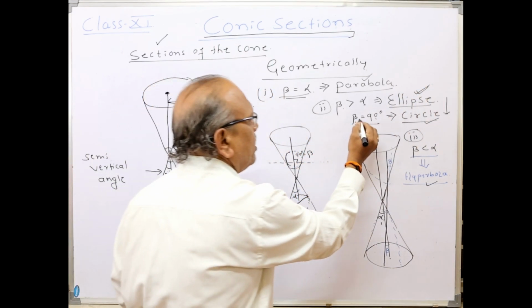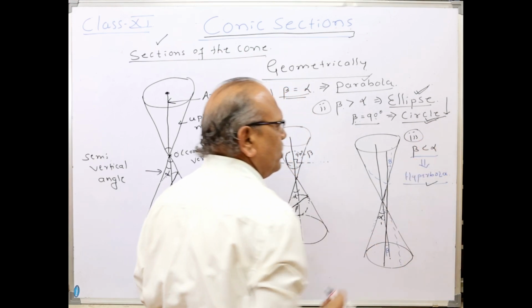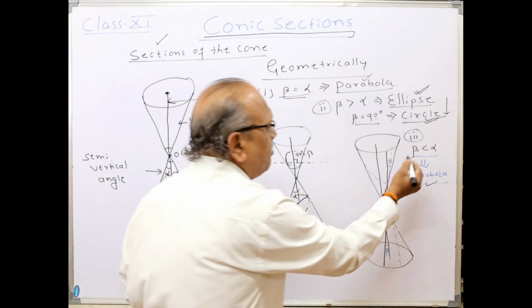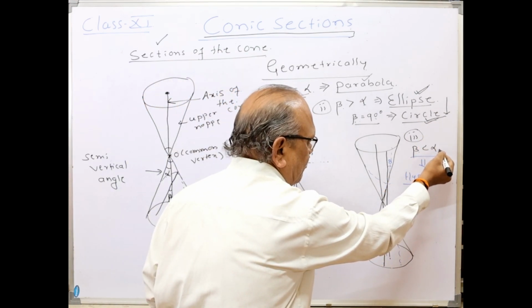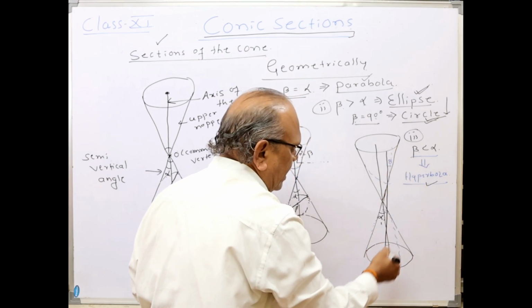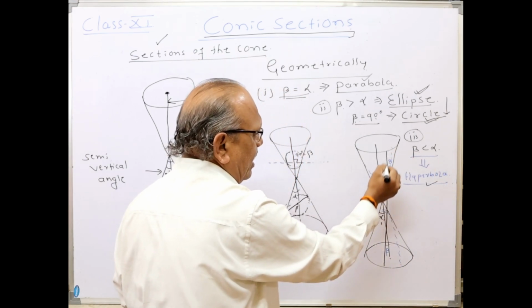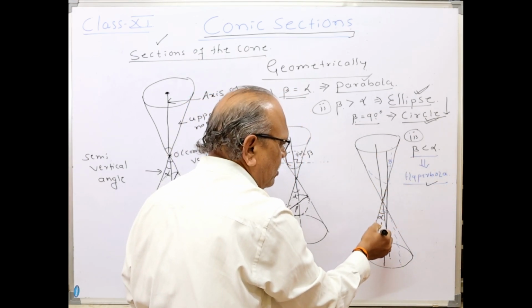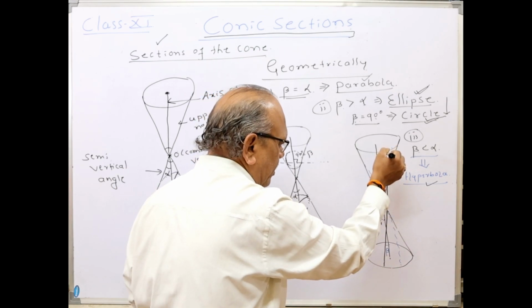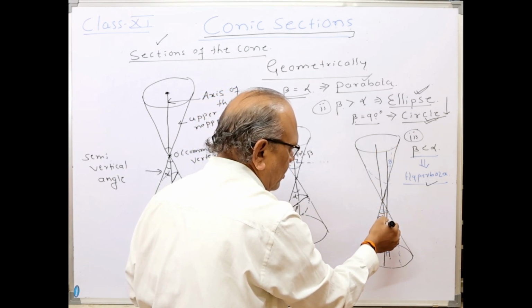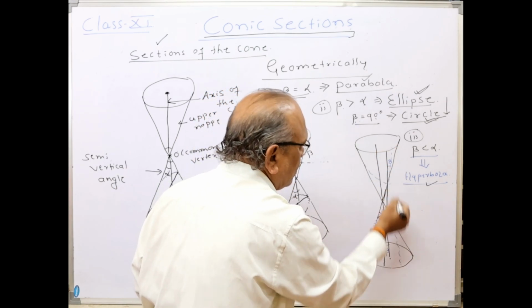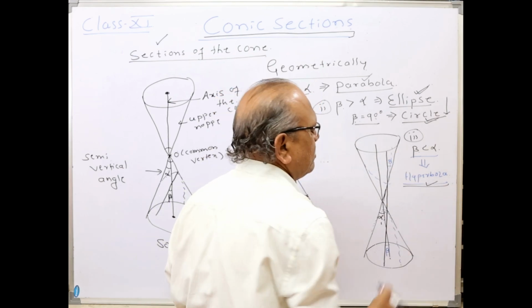In particular, when beta is equal to 90 degrees, the section is a circle. Then if beta is less than alpha, meaning the angle at which you are cutting is less than the semi-vertical angle, the section will cut both the upper nappe and lower nappe like this, to get another section of the cone called a hyperbola.